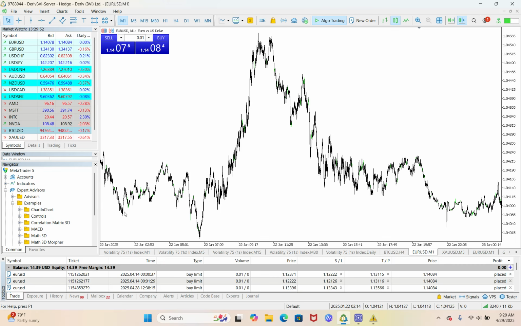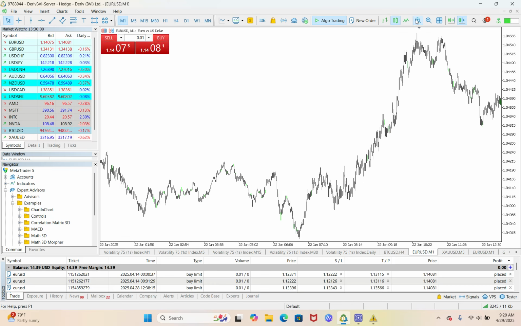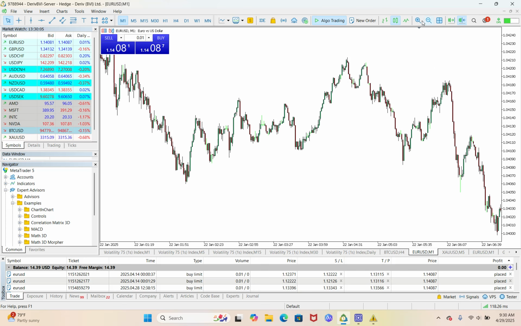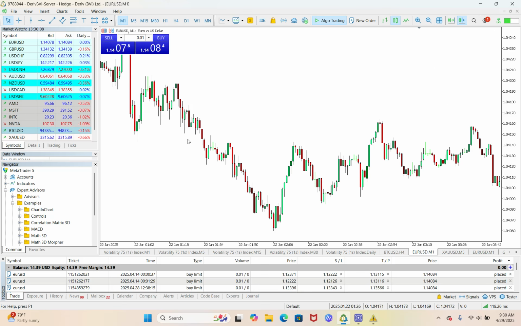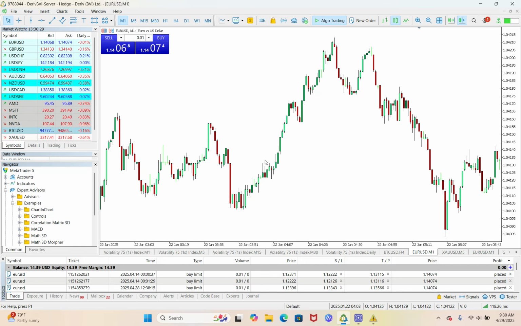Let me zoom up a little bit so that you can see what's going on. January 22nd, 2025. Buyers were in control right here. Break, sellers took over. Buyers come back. Market goes down.